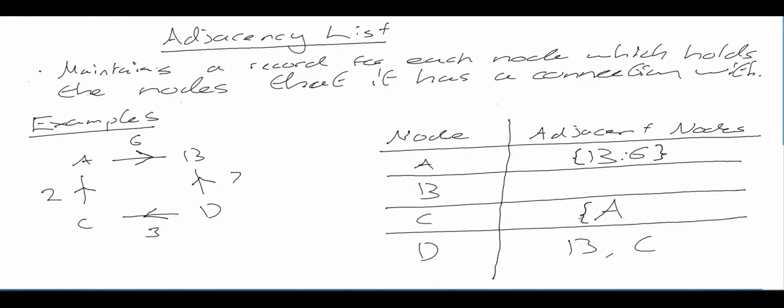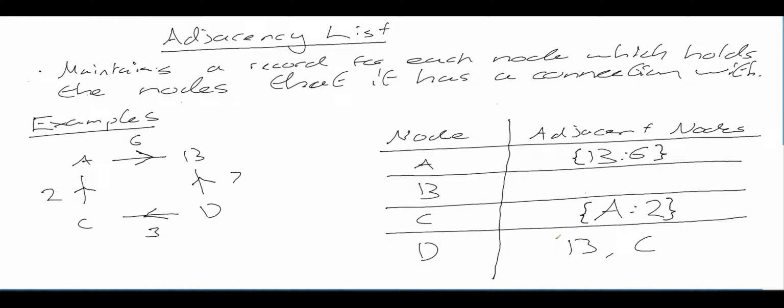So for the node C, C is adjacent to A, so you write down A and 2 like that in a dictionary-like structure.